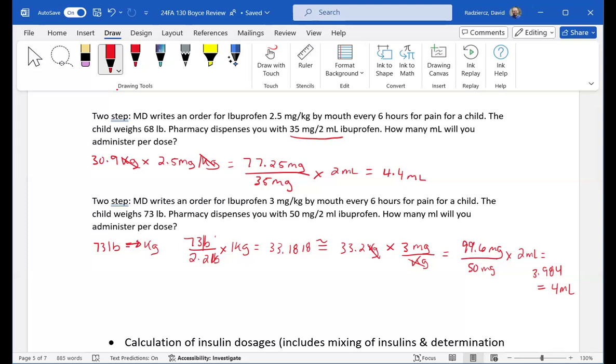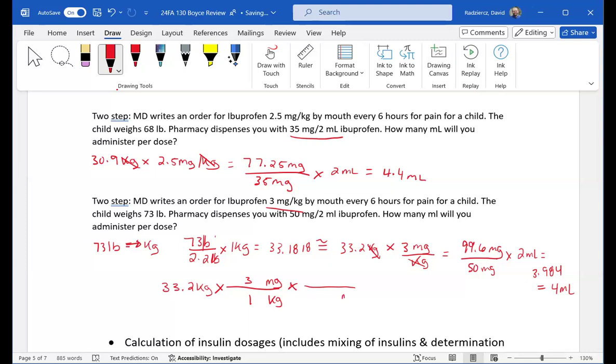All right. So the first thing is converting pounds to kilograms. So I get 33.2 kilograms. And then I'm going to convert kilograms to milligrams with my 3 milligrams per kilogram. Then, as a straight dimensional analysis, the next thing I'm going to do is look at my 50 and 2.